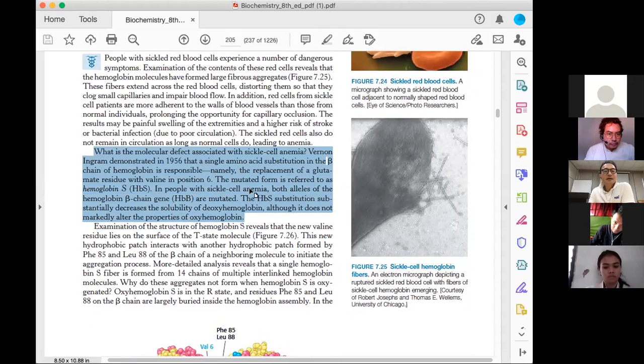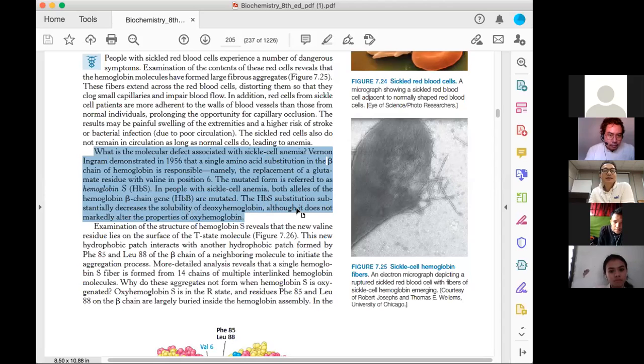And the reason why the red blood cell looks like that is because one amino acid in the hemoglobin is substituted by one amino acid called valine.